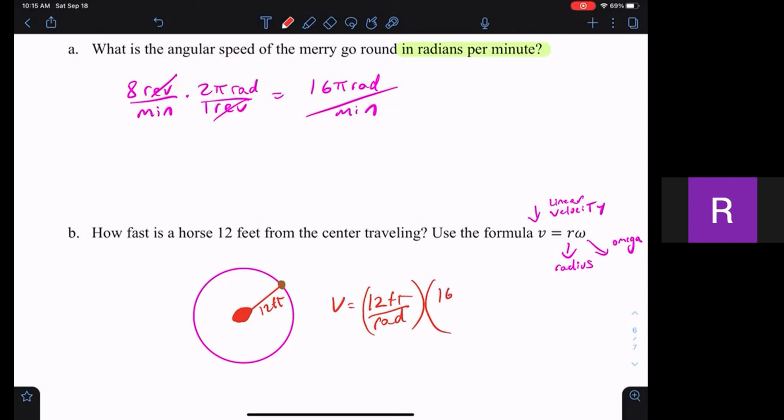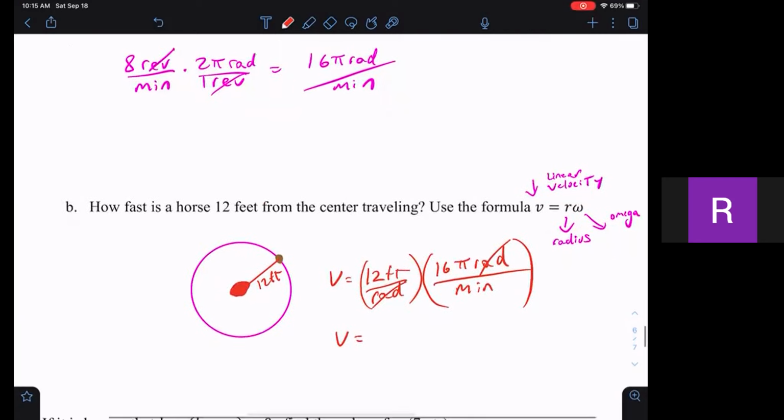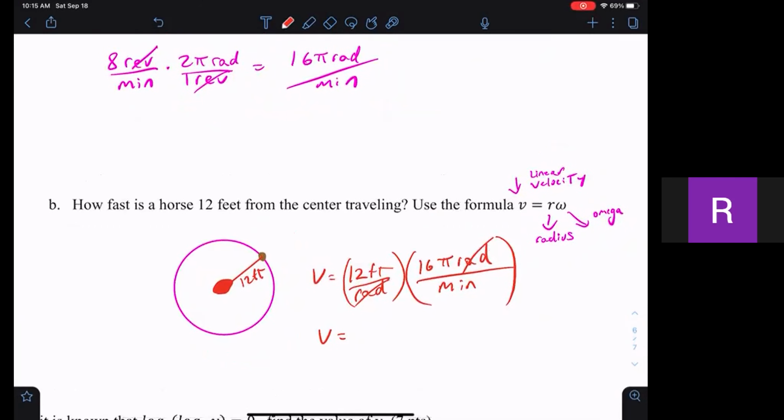So this is going to be 16 pi radians per minute, right? So this cancels out. Remember you don't have a calculator this time, so you can just do 12 times 16 pi, feet per minute. So I'm going to do the multiplication. This is going to be 10 plus 2 times 16.